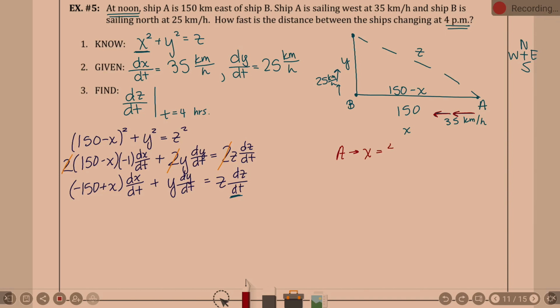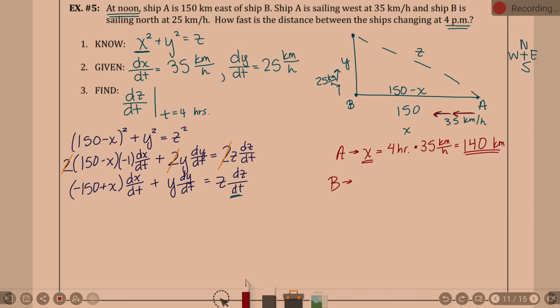So x is going to be the 4 hours times the 35 kilometers per hour. And 4 times 35 is 140 kilometers, I think. Okay, so x is going to have a value of 140 kilometers.